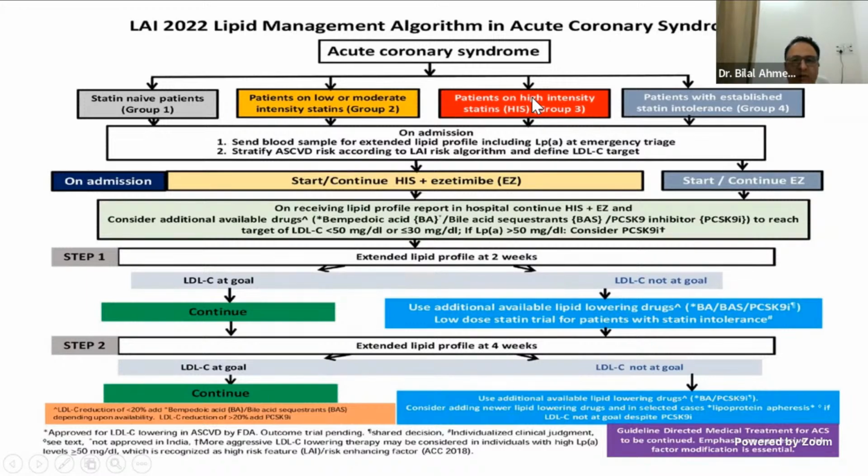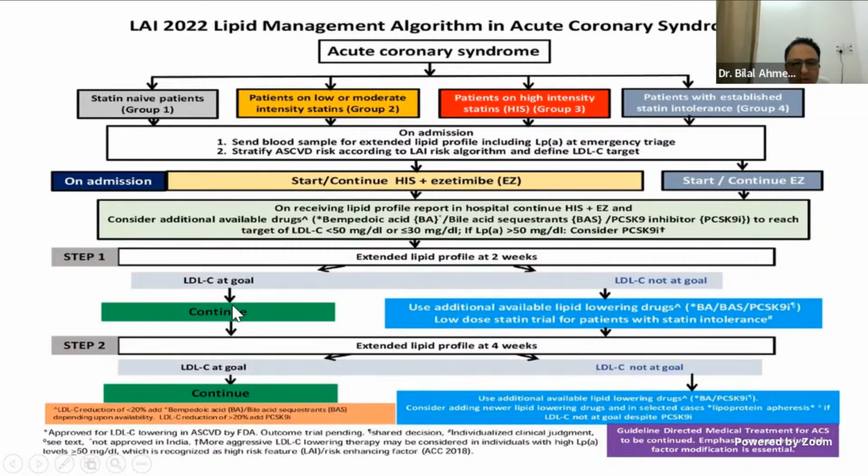Patients who require high intensity statins are given those. For patients who have intolerance or statin resistance, we can use ezetimibe or the newer drugs that we will be discussing in further slides. After starting these statins, we have to monitor after 2 weeks.